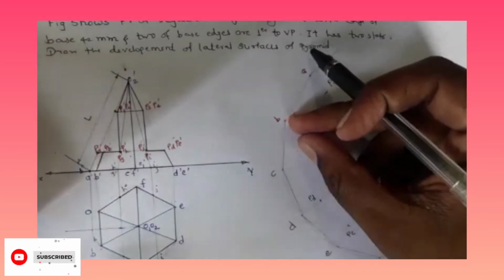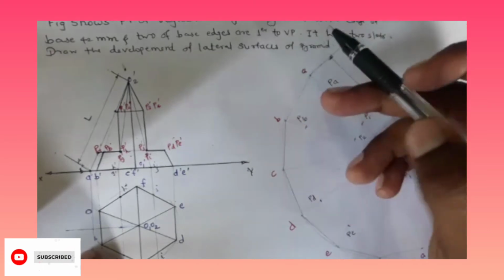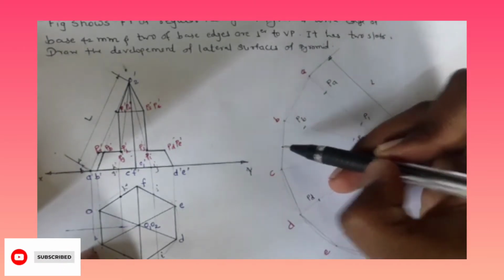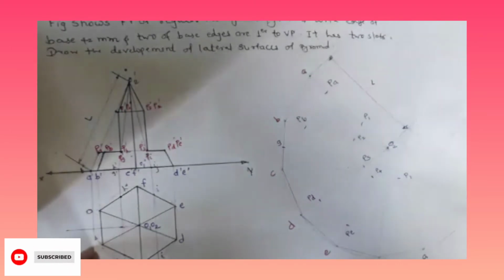This much distance you have to take in the compass, and here we have to mark. Taking B as a center and B to G as this much distance, you have to mark here, so it will cut somewhere here, and this point will be the G. Similarly you have to locate this I also.